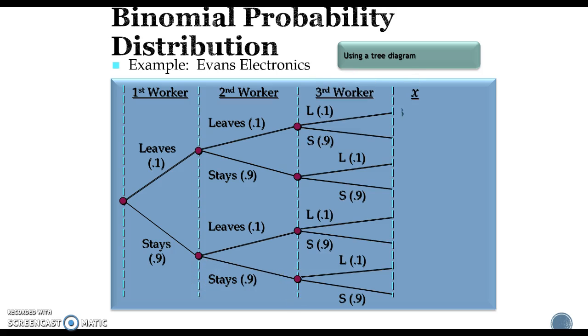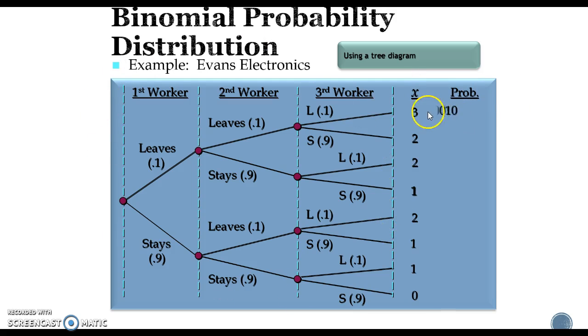Then we have the third worker. Regardless of these people's decisions, we now have 2 more things that could happen. The third worker could leave or stay, leave or stay, leave or stay, leave or stay. So these are independent of each other, but we are looking at the probability of all 3 of these happening.